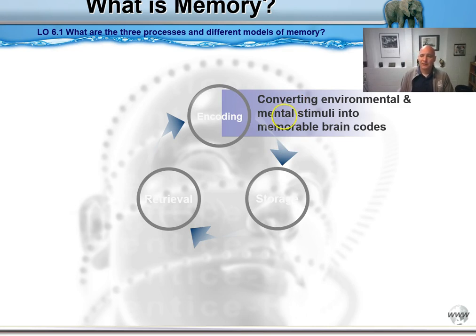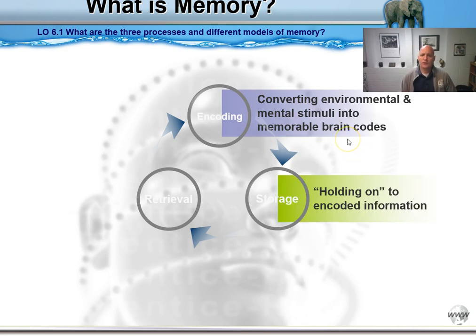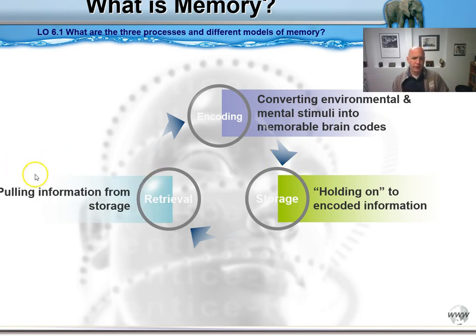So, encoding is converting environmental and mental stimuli into memorable brain codes. The process of seeing something, hearing something, touching something, tasting something, or even thinking something can be encoded and converted. The storage is the holding on of this information. We have to organize it. Your brain is like a filing cabinet, and the more organized this mental filing cabinet is, the better you will store and retrieve information.